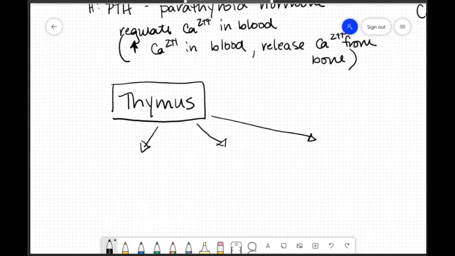The first thymus hormone is going to be thymulin. You'll notice that they all kind of have a trend with the names. That does kind of help. And then the second hormone is going to be thymosin. And then the third hormone that is released by the thymus gland will be thymopoietins.